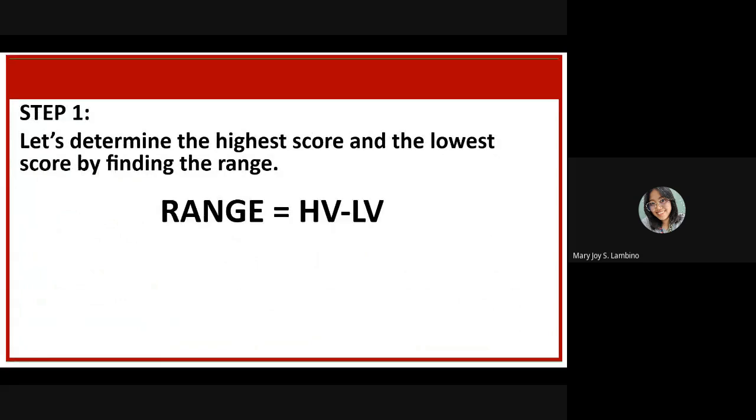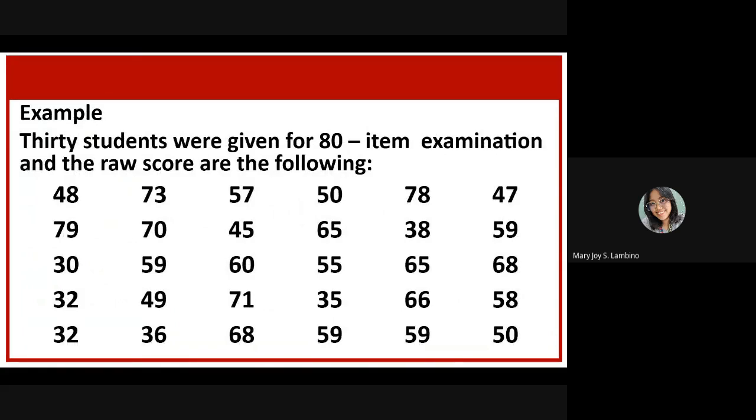Step 1. Let's determine the highest score and the lowest score by finding the range. Range is equal to highest value minus the lowest value. Let's go back to the example. Let's look for the highest value and the lowest value.